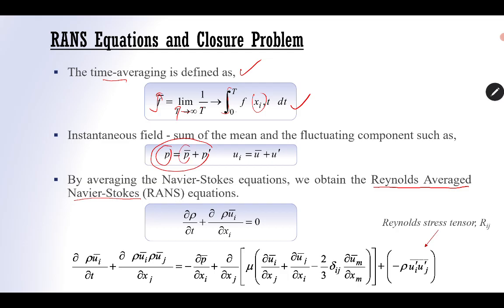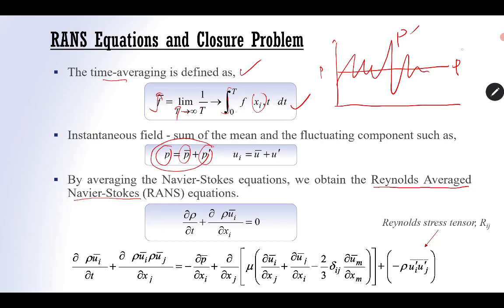We have the average pressure and the fluctuation pressure. Let's say we look at pressure. This is the fluctuation pressure P prime, and this is the average P average.